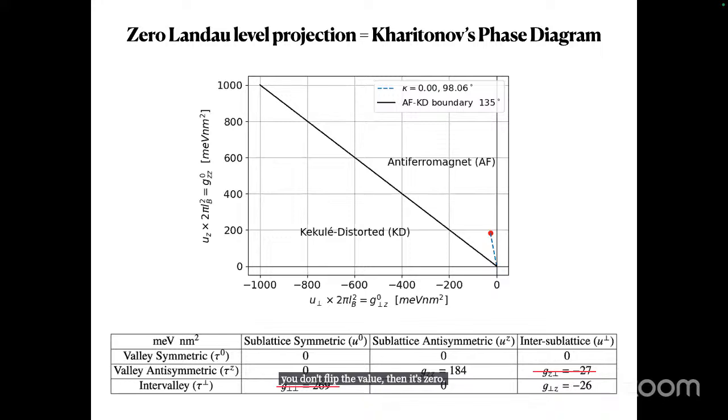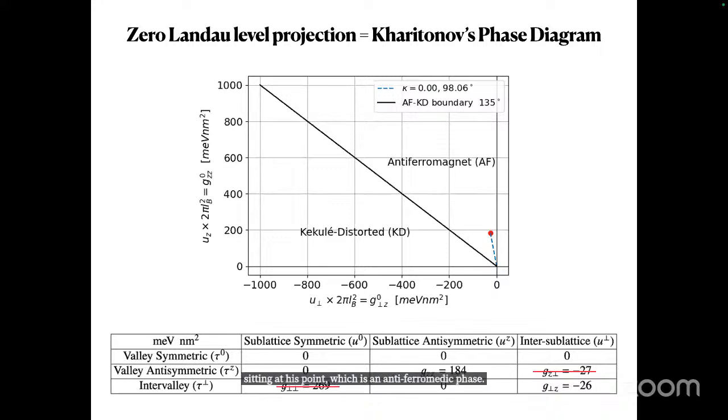Okay. Likewise, if you do intervalley, the sublattice symmetric is 0. The only term that's not 0 is when you have sublattice antisymmetric, valley antisymmetric, so you don't flip anything, or you flip both the valley and sublattice. Then you can survive 0th Landau-Level projections. So if you project this, then the system is somewhere here, sitting at this point, which is an antiferromagnetic phase.